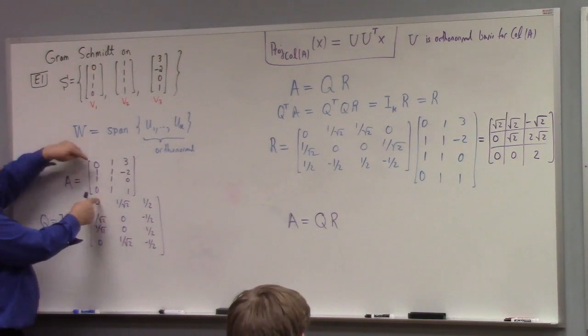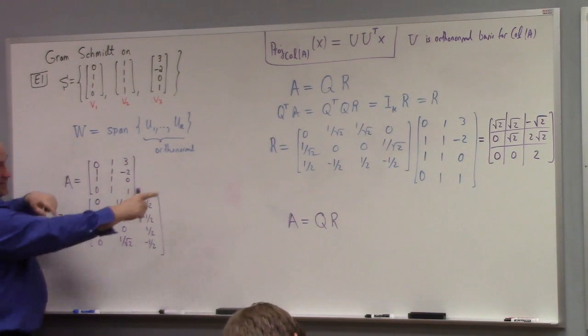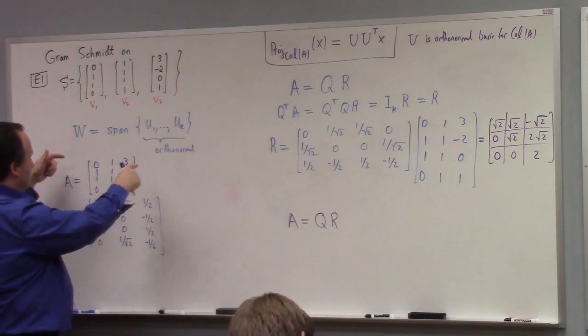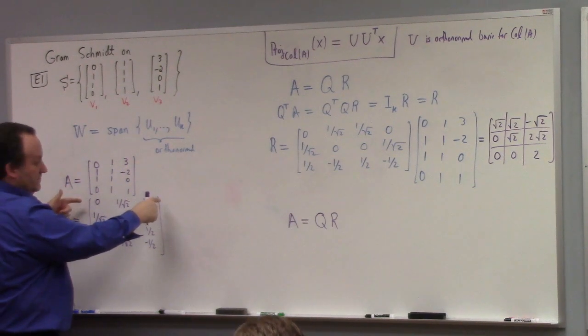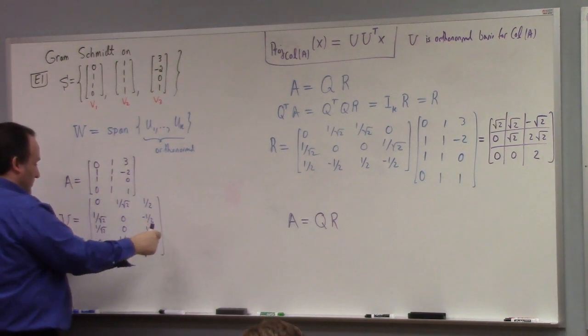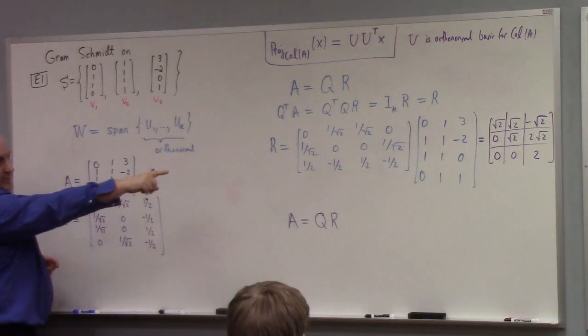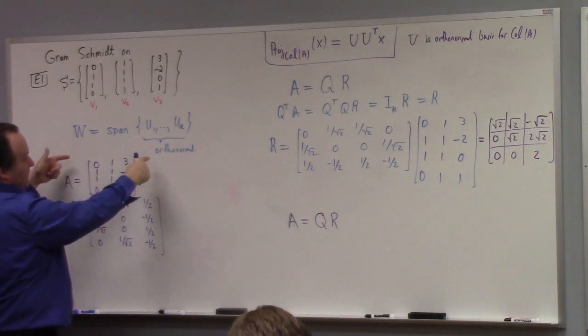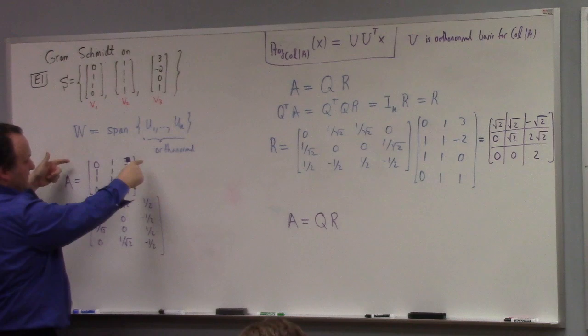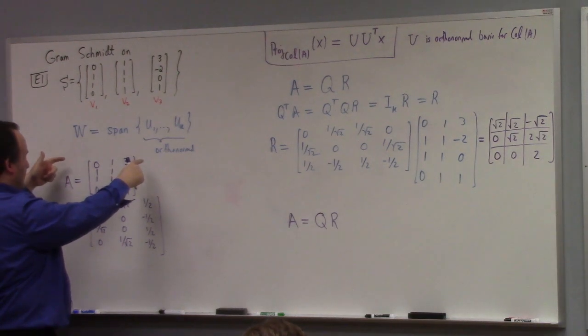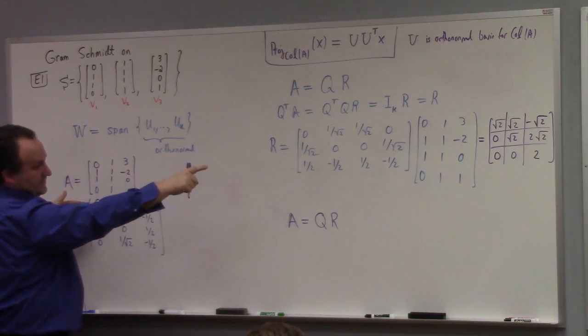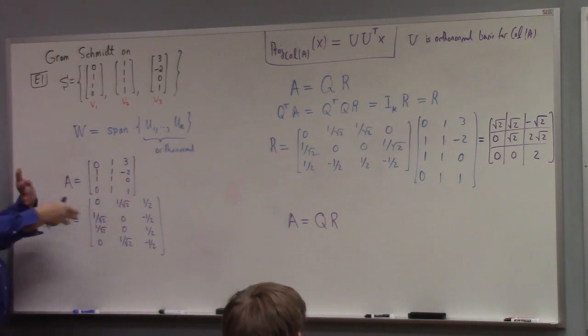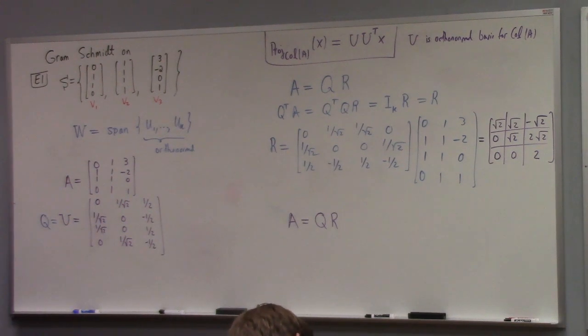So I get 0, 1, 1 for the first column of A. Multiply the second column of R times Q, you get 1, 1, 1, 1. Third column, I get root 2 minus 3 root 2. Excuse me, my bad. Well anyway, you can check, I've checked it. It works, yeah.